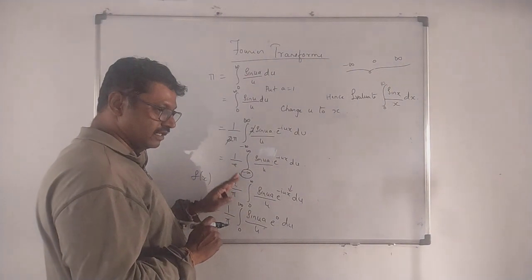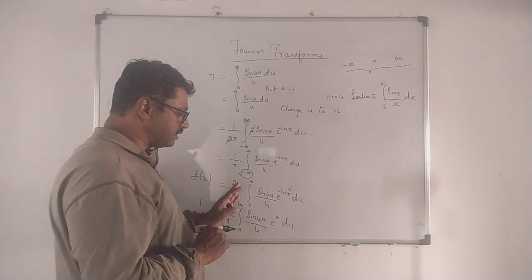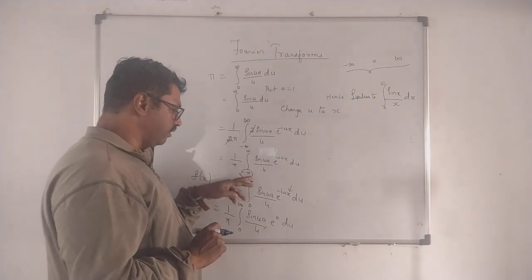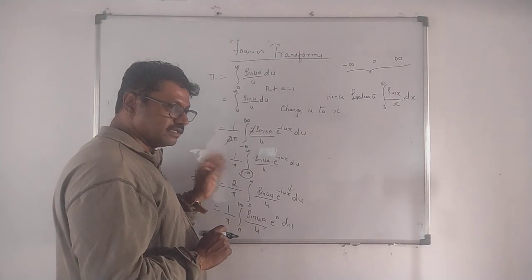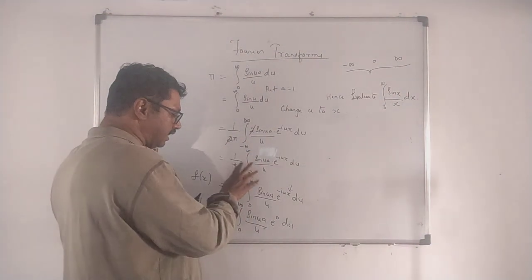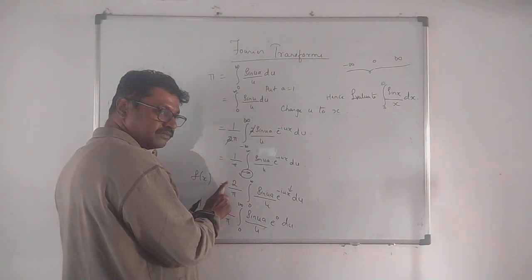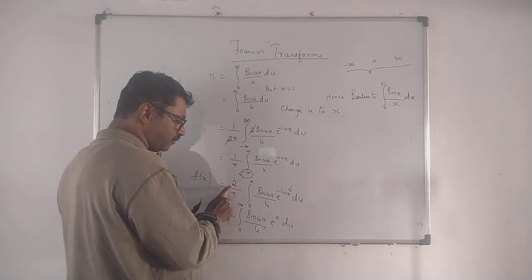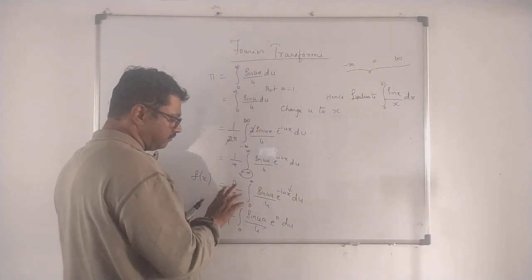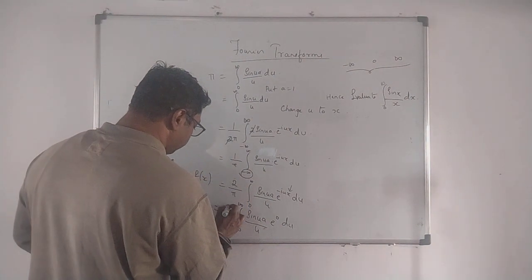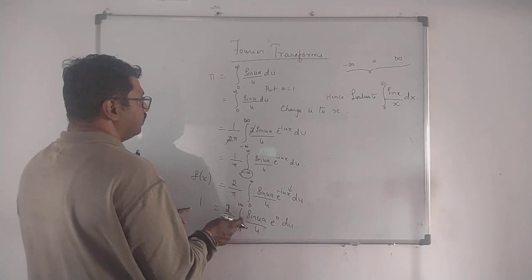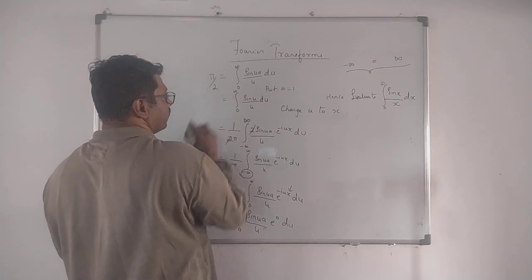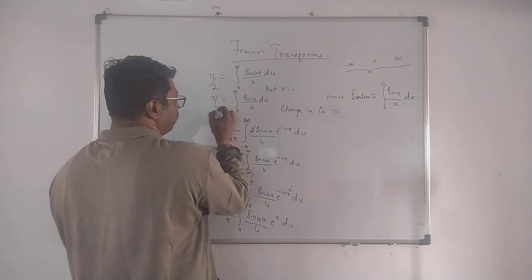Because we have learned in Fourier series that from minus infinity to infinity, if you want to cancel this minus infinity, for that adjustment you have to put 2 times here. For 0 to infinity, you have to put this one. You can multiply. So everywhere you do this, then what happens? This will be again pi by 2. This is pi by 2.